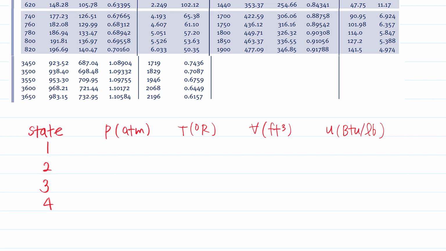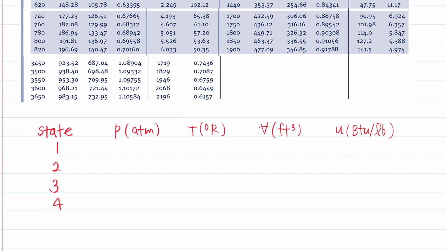Let's begin with state 1. At state 1, the temperature and pressure are given in the problem statement. So we can fix the state. Temperature 540 degrees Rankine and pressure 1 atm. And volume is also given, 0.02 cubic feet.